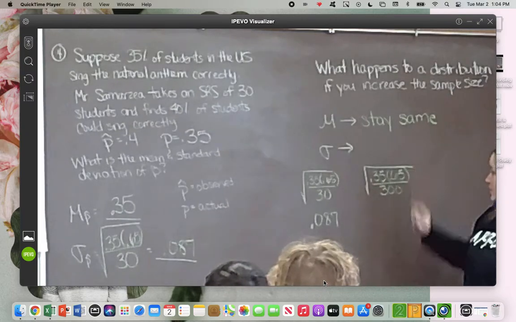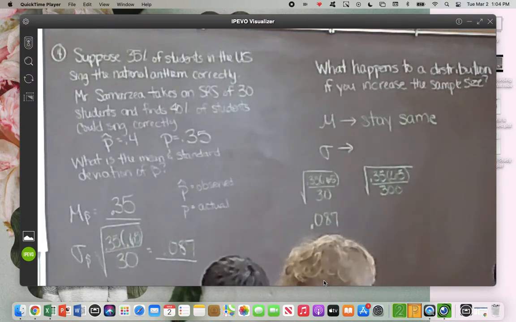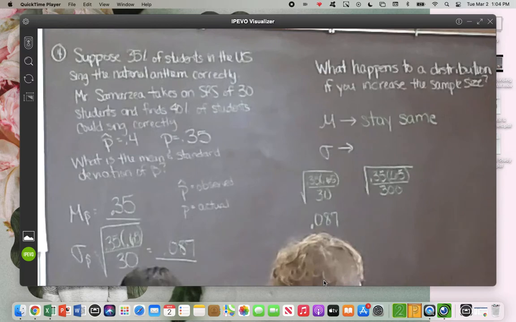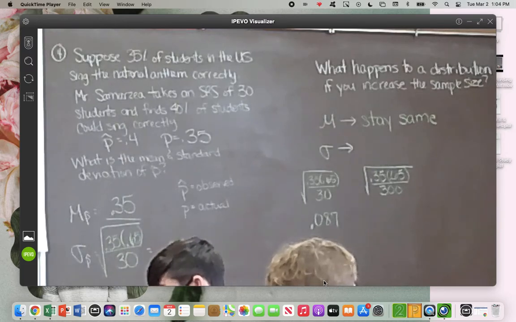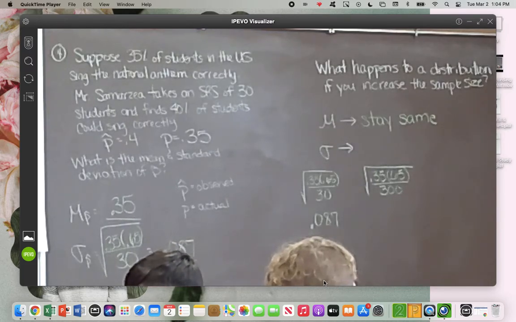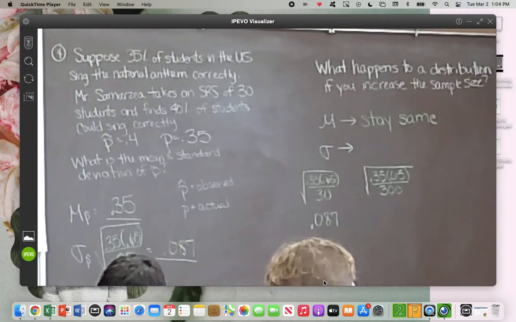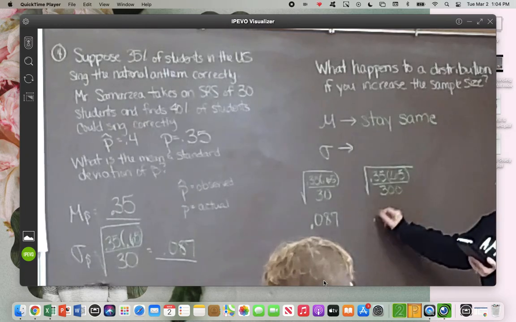What does the new standard deviation become? 0.028.